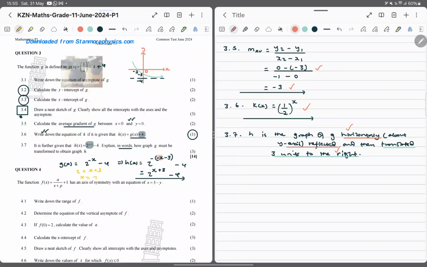Then the y-intercept: this is 2 cubed, which is 8 minus 4, which is going to be 4. Oh, this is an increasing function, by the way. So this one is going to do stuff like so.